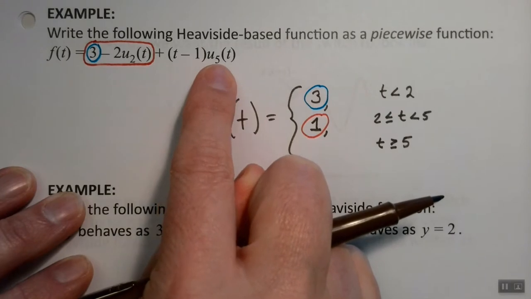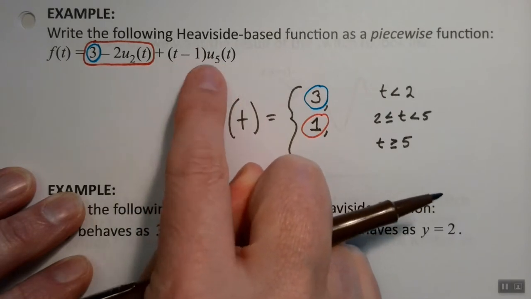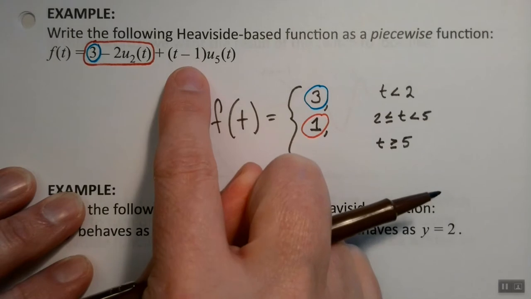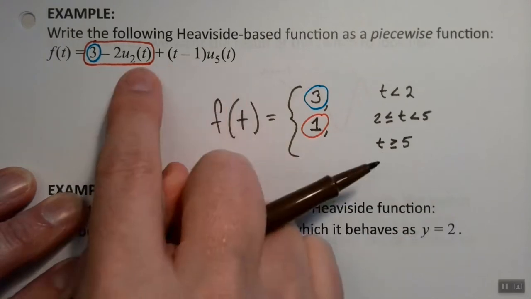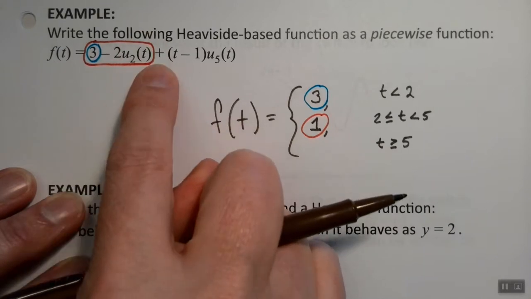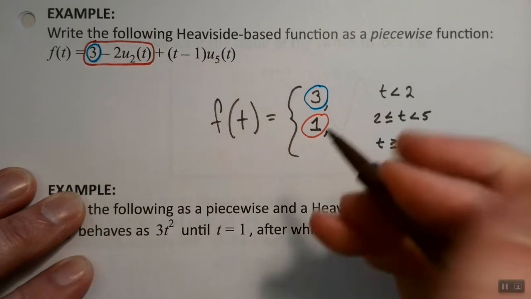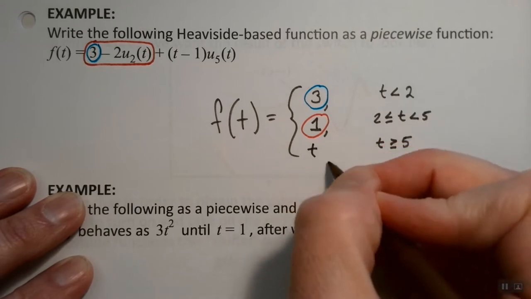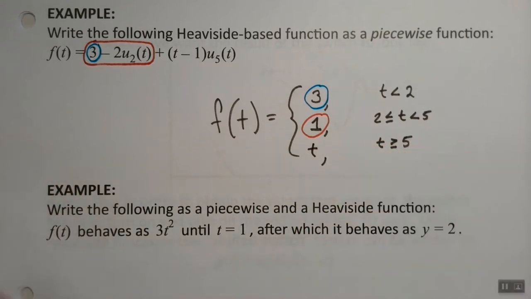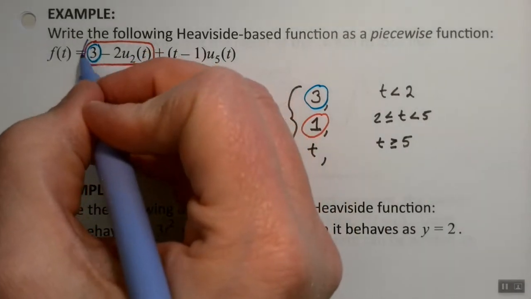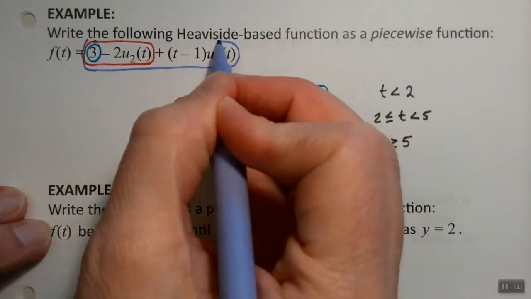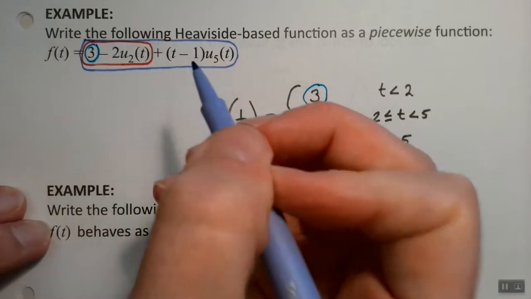And at 6, it'd be 6 minus 1, and then 7 minus 1, and then 8. So this is going to change with respect to time. But all of it together, this would just be 1 plus t minus 1. So in other words, it's going to behave like t. And that's coming from all three terms of the function up here.